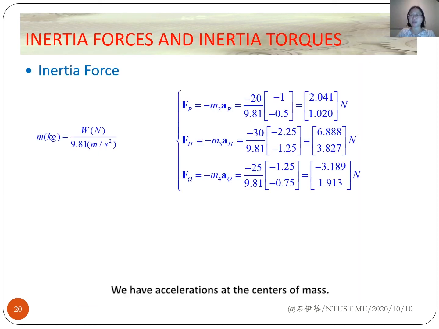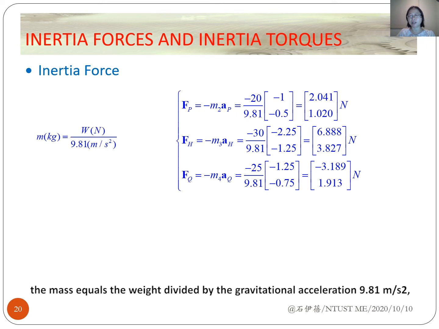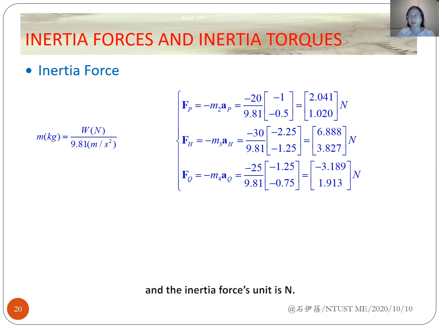We have accelerations at the centers of mass, so the inertial force can be determined by the mass m times the acceleration a, and the direction of the inertial force is opposite to the acceleration. In a metric unit system, the mass equals the weight divided by the gravitational acceleration, 9.81 meters per second squared, and the inertial force unit is Newton.